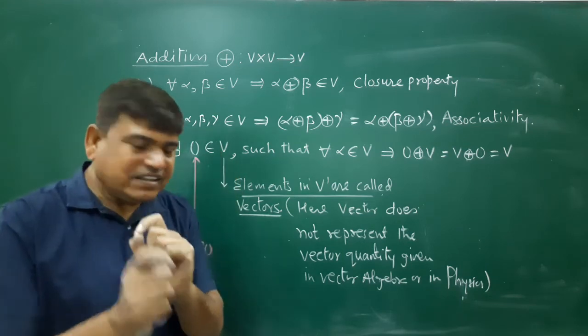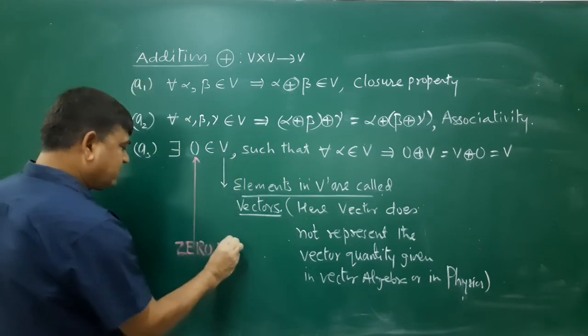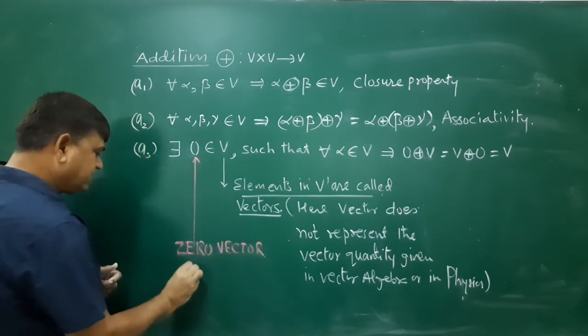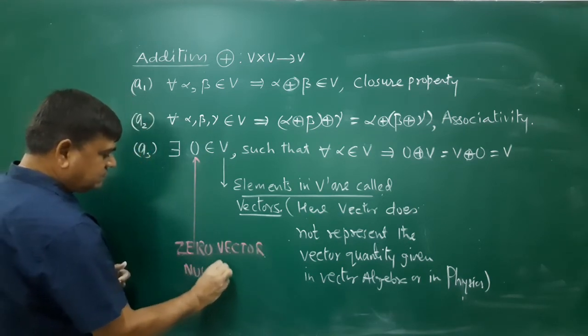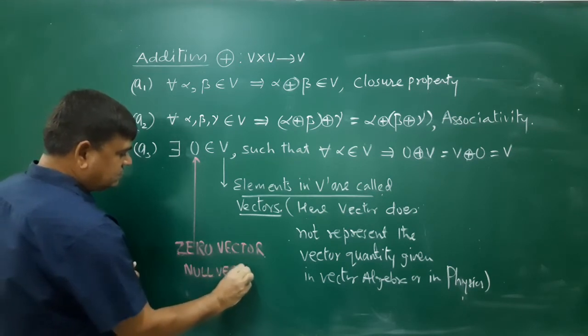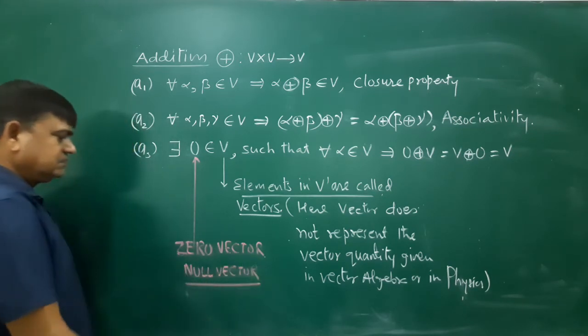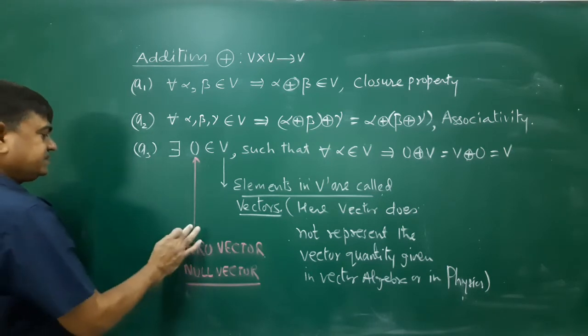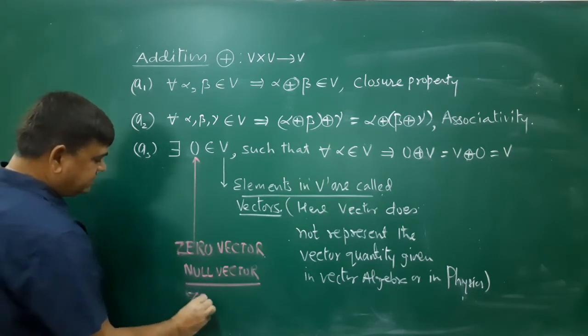That is vector. So here it is 0 vector. Or I say null vector. Or I say 0 element.